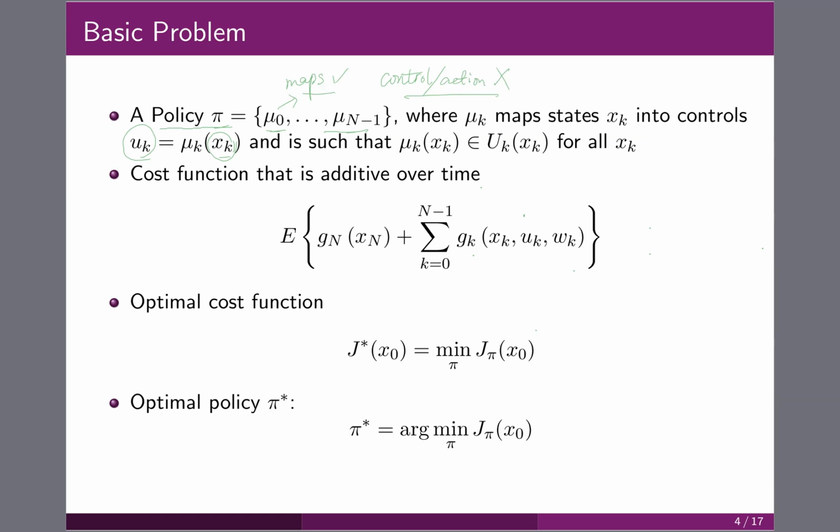So this policy is a mapping, a set of mappings, not a set of control signals. This mapping rules at each state which control you will choose. It's a relation between state and control. This pair, you pair them together. This is a policy.